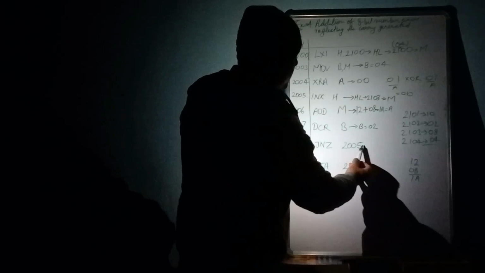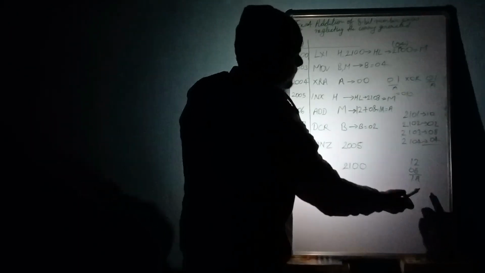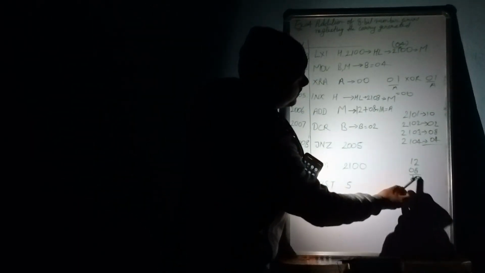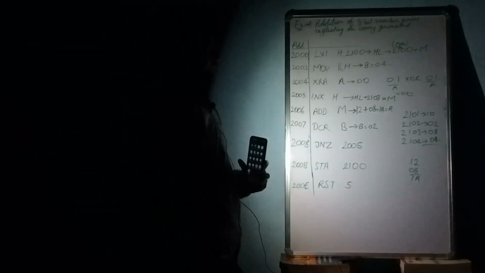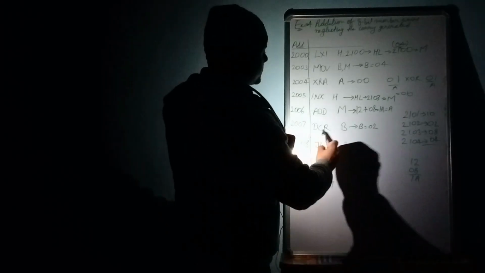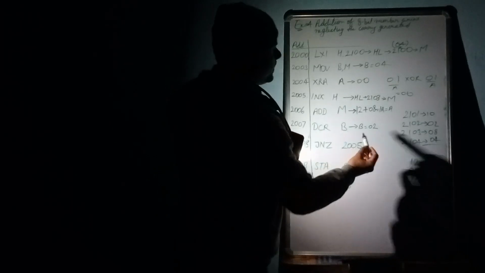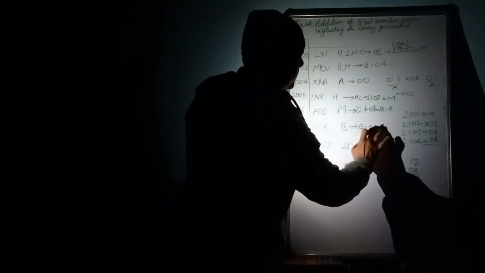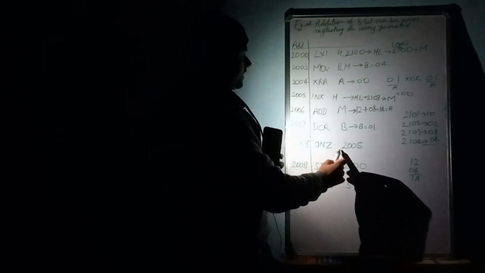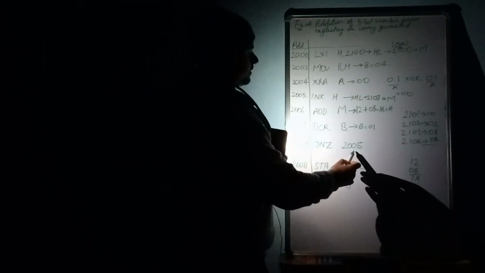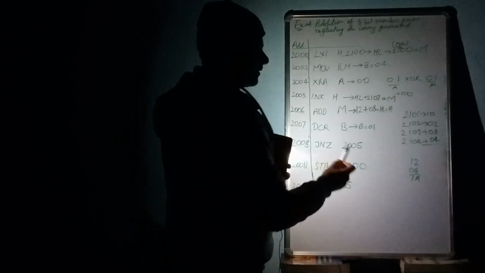Okay. Then here, when we add 12 and 08, we get 1A. So that 1A we have here in the accumulator. Then the next instruction is DCR B. It means decrement B, so now if we decrement, we will get 01. Again the next instruction JNZ 2005 means jump if not 0.